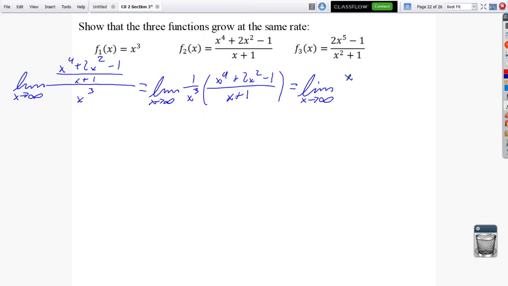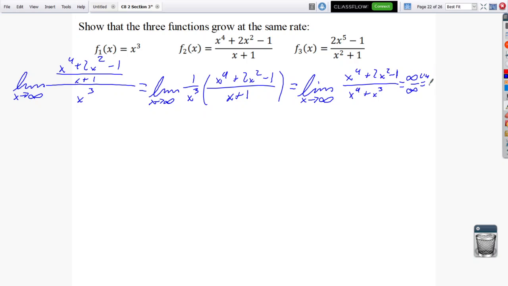So this would be x to the fourth plus 2x squared minus 1 over x to the fourth plus x cubed. Now we recognize that we're going to have to do some L'Hopital-ing here. We're going to have infinity over infinity.